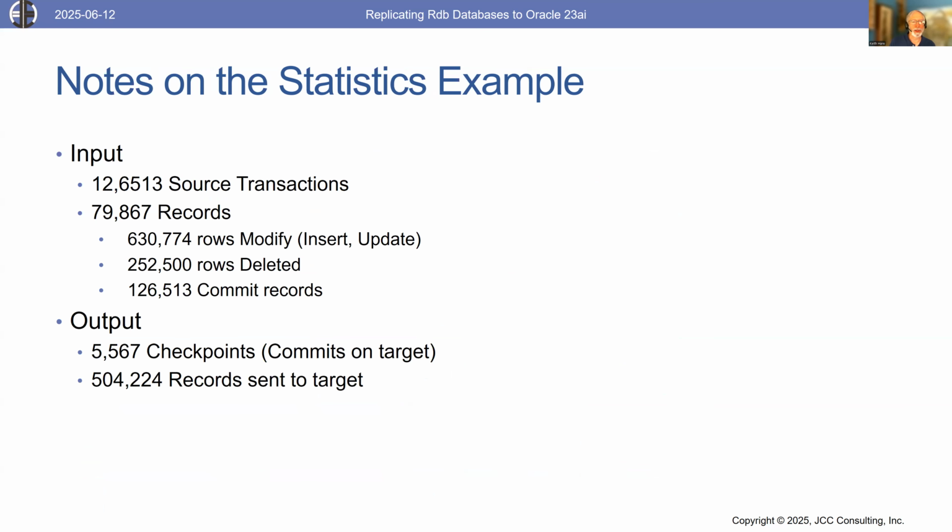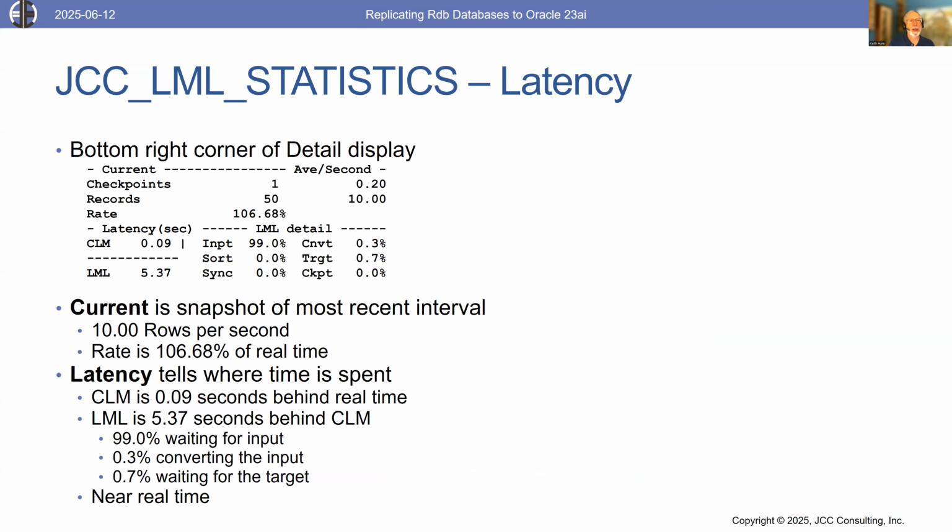So we've done a bunch of things and output the data. In the bottom right corner of the display, we have details about where we're spending our time. In this case, the rate was 106%. We're spending a lot of the time in input in this example and not much of the time in output.